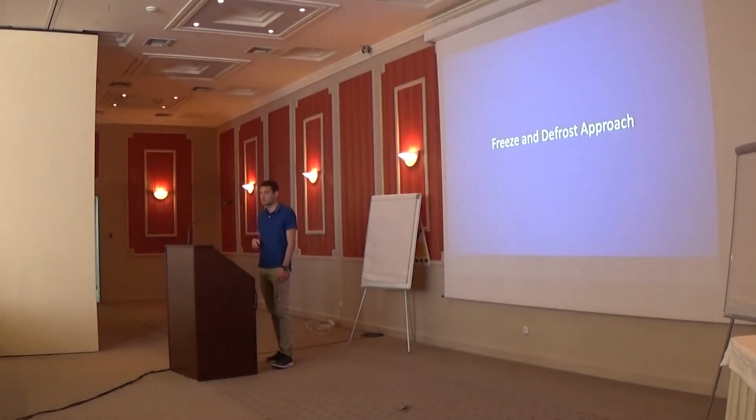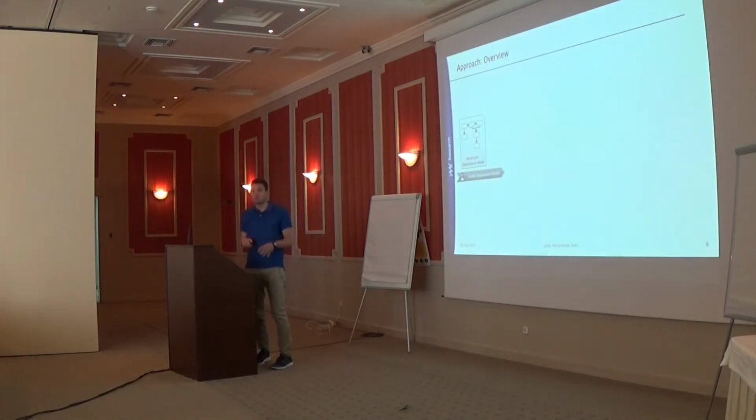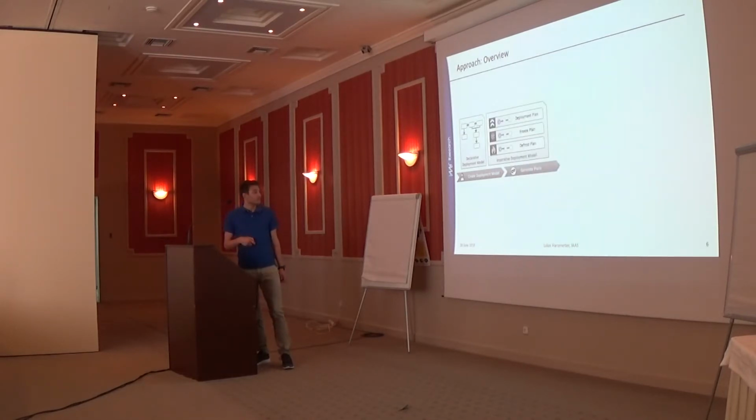Therefore, we introduced the freeze and defrost approach. It basically starts with modeling a declarative deployment model. This has to be done manually since this is a critical task. Then we generate imperative plans: we derive from the declarative deployment model the steps that have to be executed, and package them into an imperative deployment model with different plans, for example the deployment plan, the freeze plan, and the defrost plan.